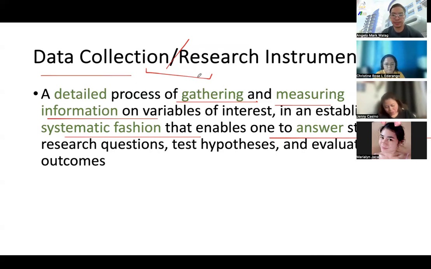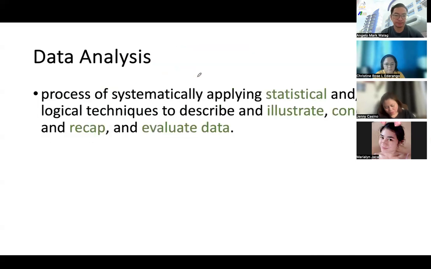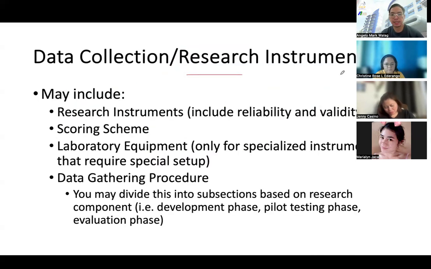And then research instruments. This will include what your research instruments are. You describe them in detail, and the most important, which is often forgotten, when you choose research instruments, you have to clarify why you believe it's appropriate for your sample.